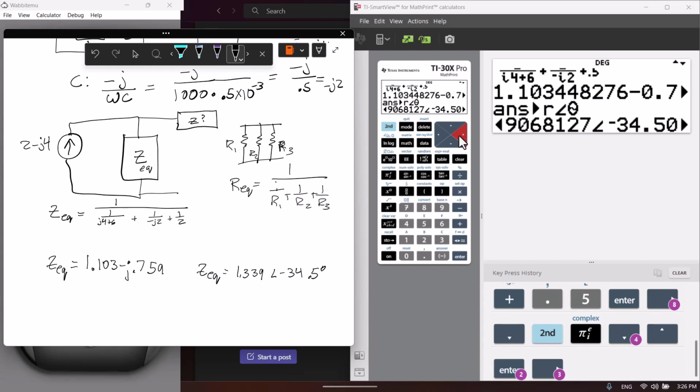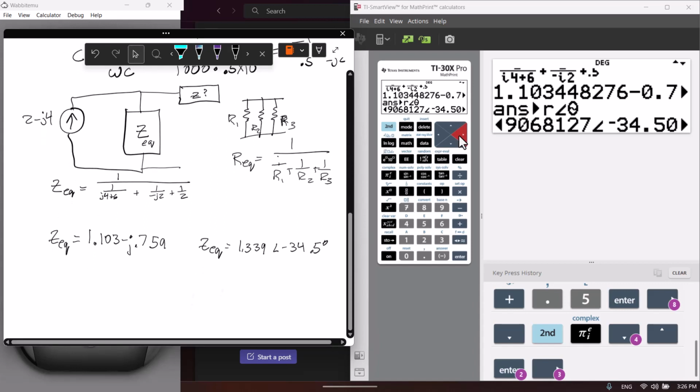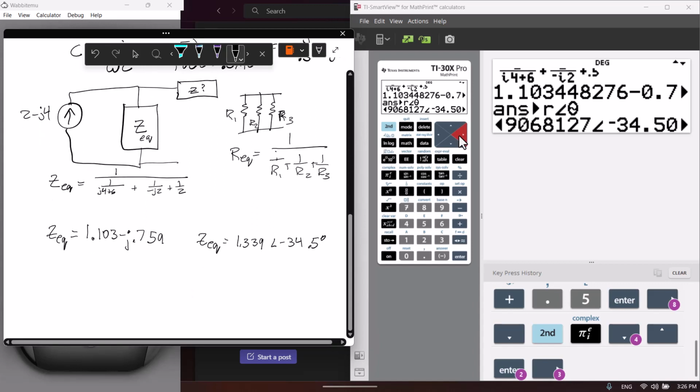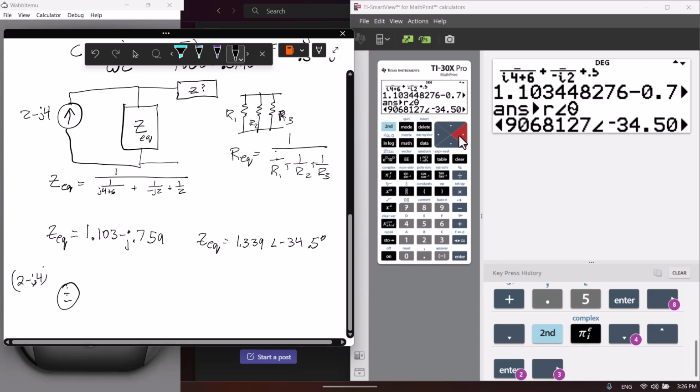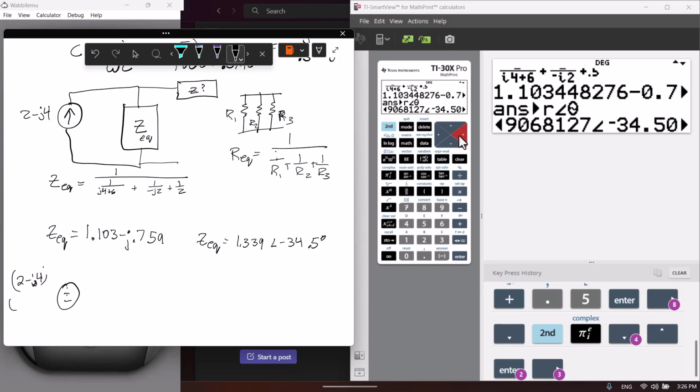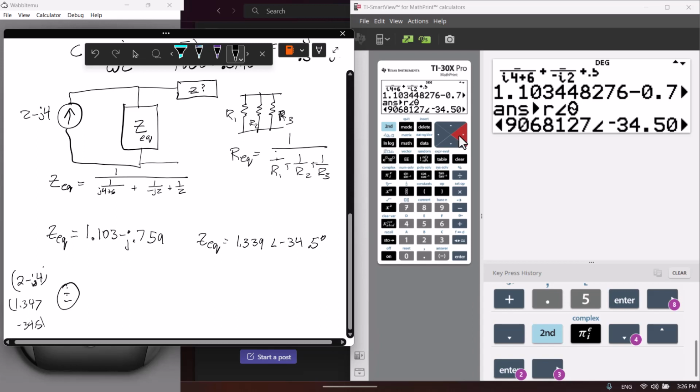Okay, so if I change this back to a voltage source, my voltage source would be, is that a 2? 2 minus J4? Yeah. 2 minus J4 times my impedance, which is, I'll just say 1.34 angle negative 34.5.